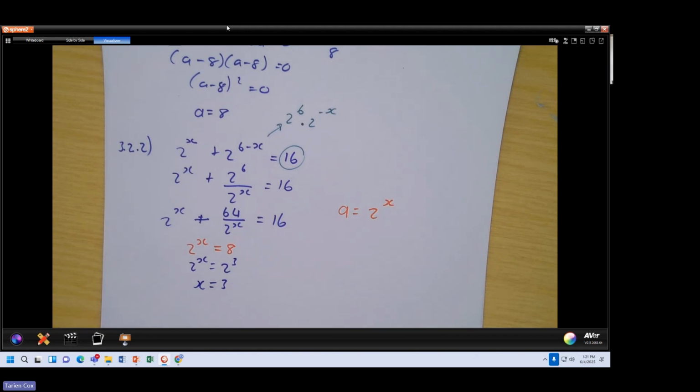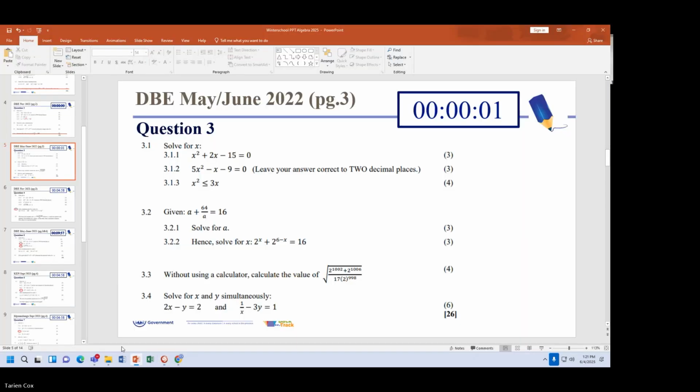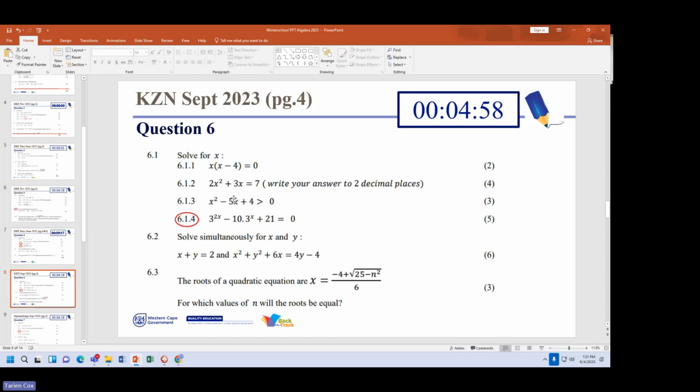Let us look at what question I specifically want you to do next. Go back to the PowerPoint. The next one that I want you to do is question 6.1.4. I'm going to fast track quickly to 6.1.4.